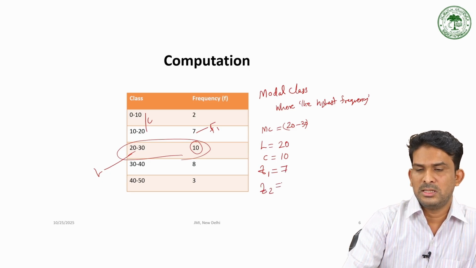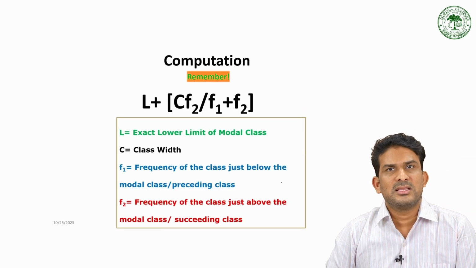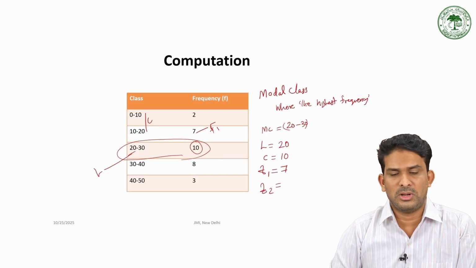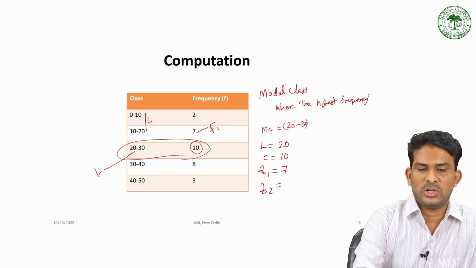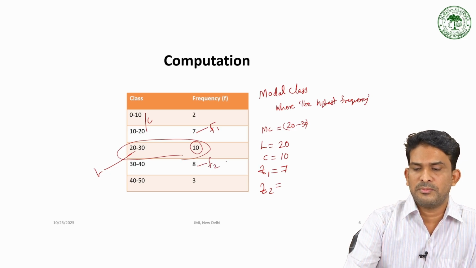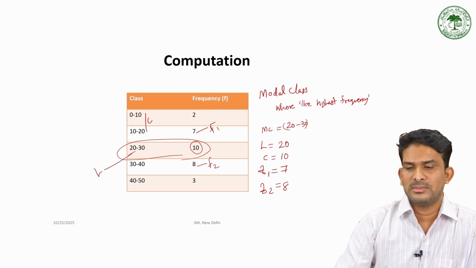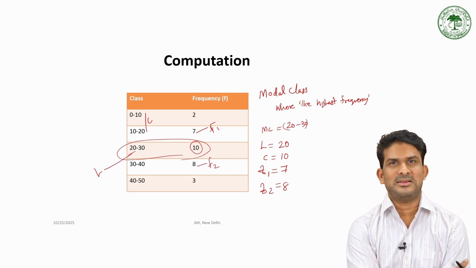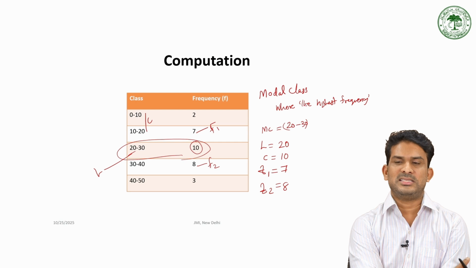It is the frequency of the class just above the modal class. The modal class is 20 to 30. So this is F2, right? This is 8. You got all the values. Very clear. We can identify mode very easily.